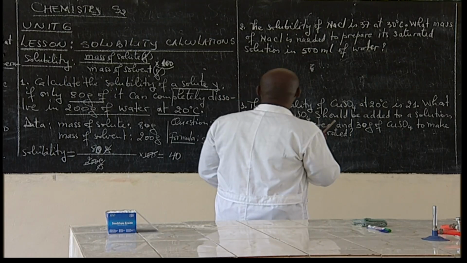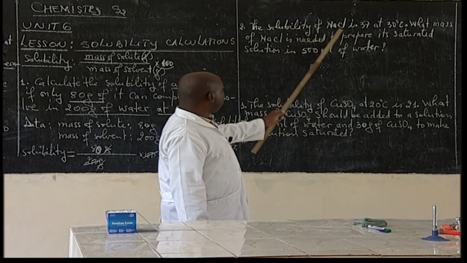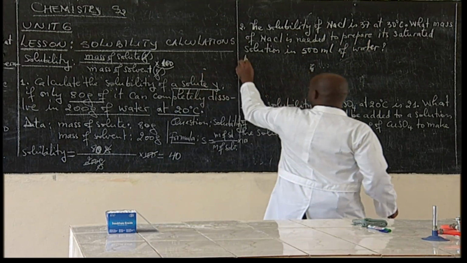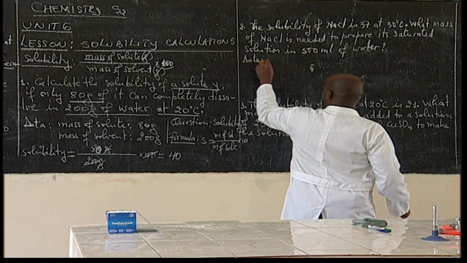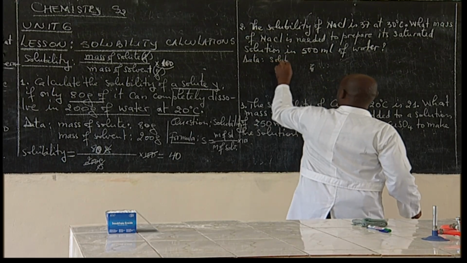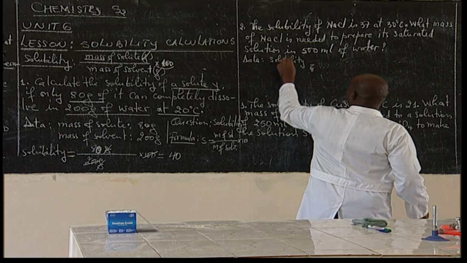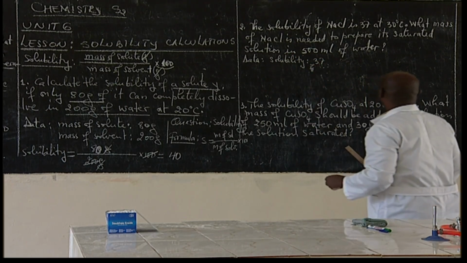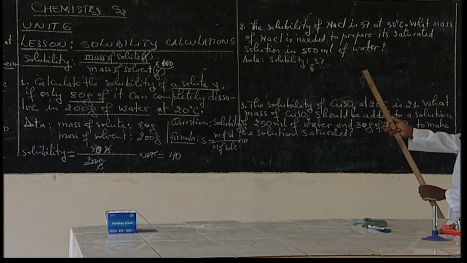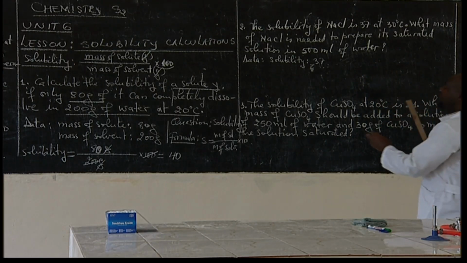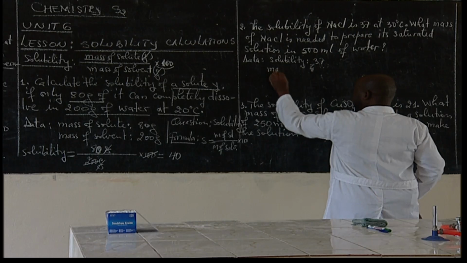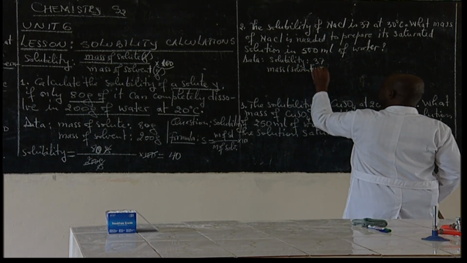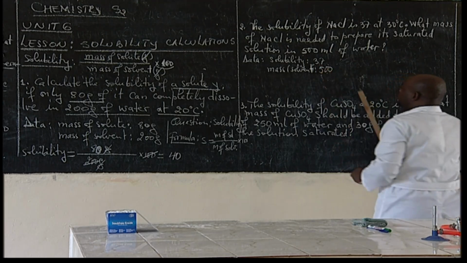Good. The solubility of sodium chloride is 37 at that temperature. So what we have been given is solubility, which is 37. And what mass of sodium chloride is needed? We also have the mass of solvent, 500.